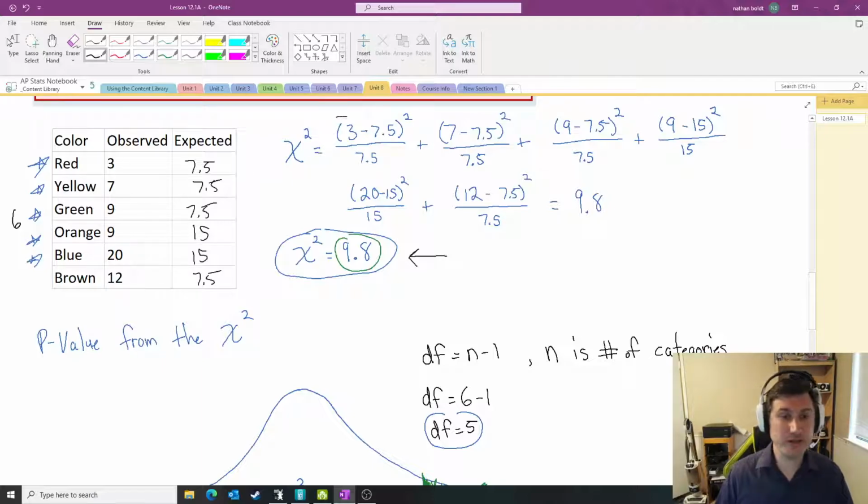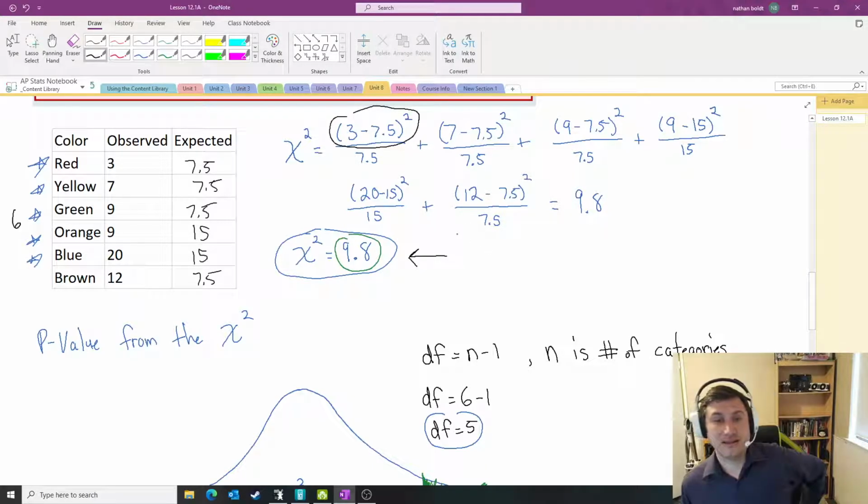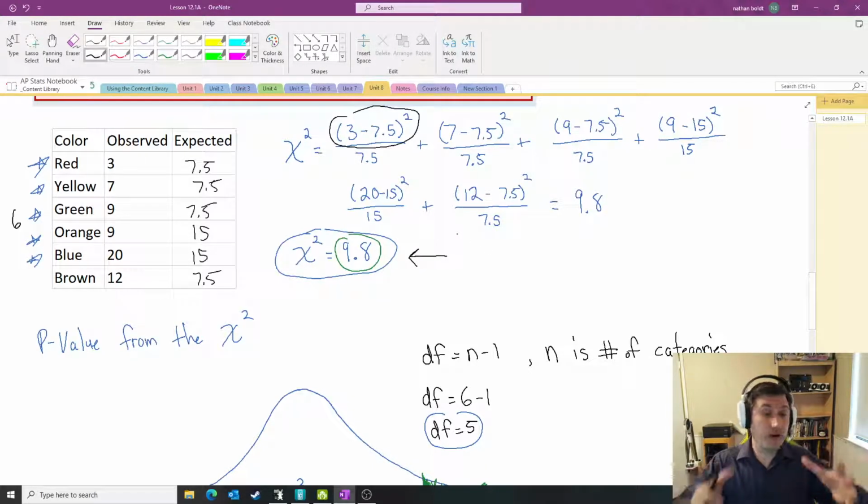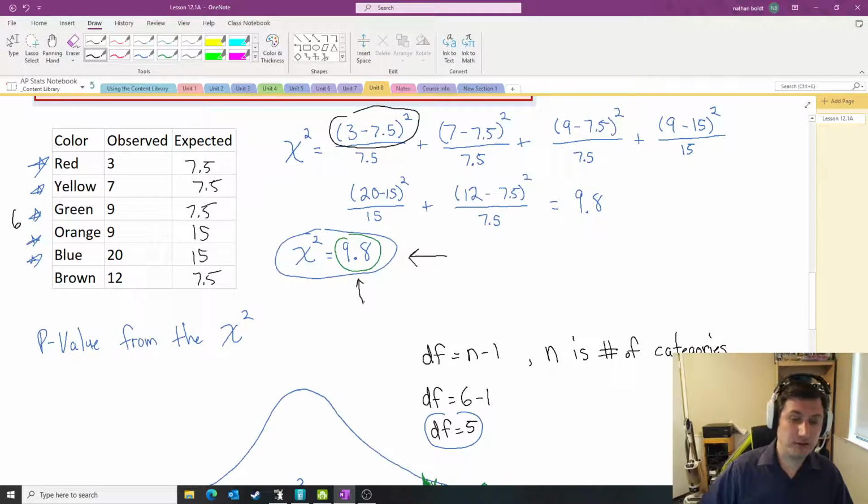If we take all the differences, square them, divide by the expected, that's accumulating how far off our sample is from the expected value. And there's an 8% chance that we could get a chi-squared of 9.8 or greater simply based off of random variability, sample variability, random chance, however you want to say that.